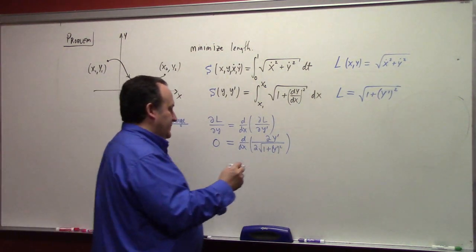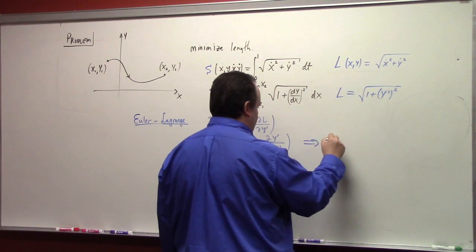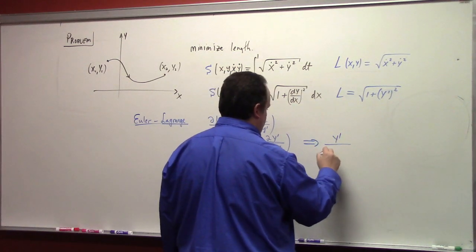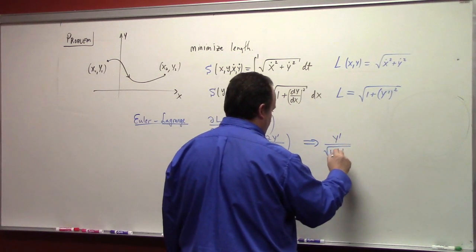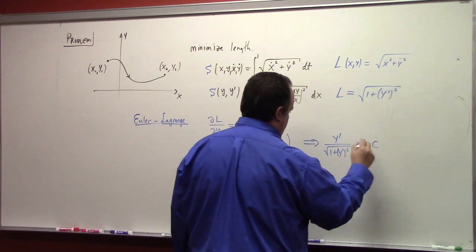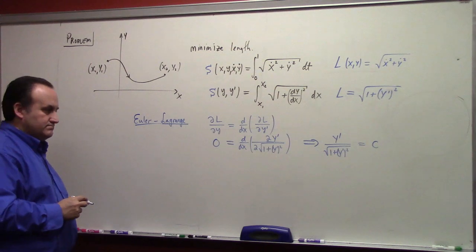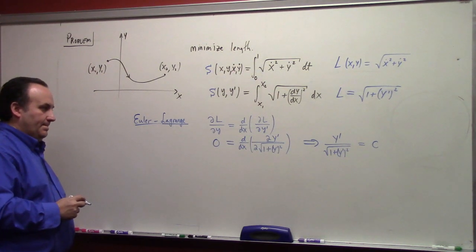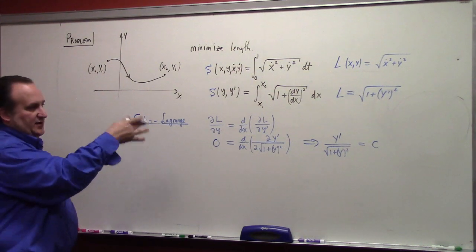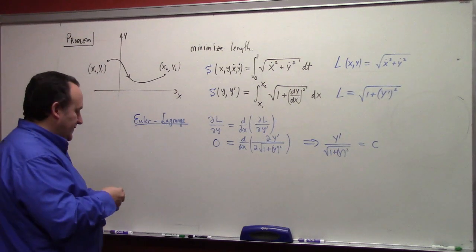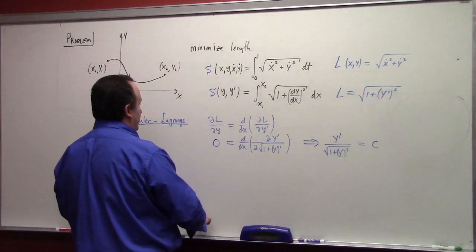Okay, so if that's equal to 0, that says that y prime over the square root of 1 plus y prime squared is equal to a constant. All right, and then you can go on and try to solve that. I don't feel like trying to solve that at the moment. I'm going to go back.